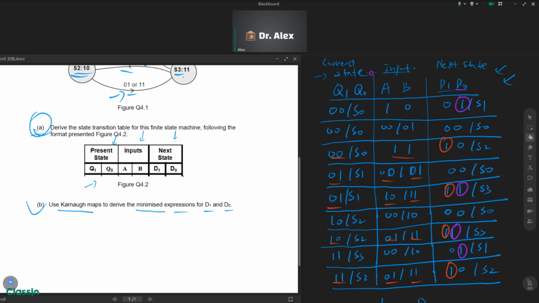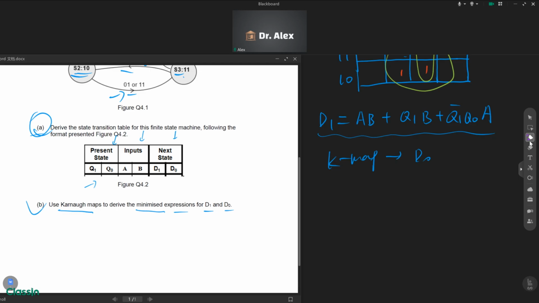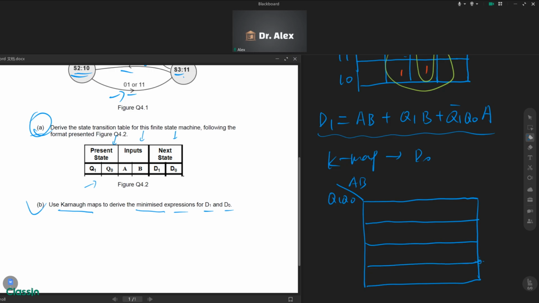We draw the table similarly: Q1, Q0, A, B. This is 0 0, 0 1, 1 1, 1 0 for both axes.